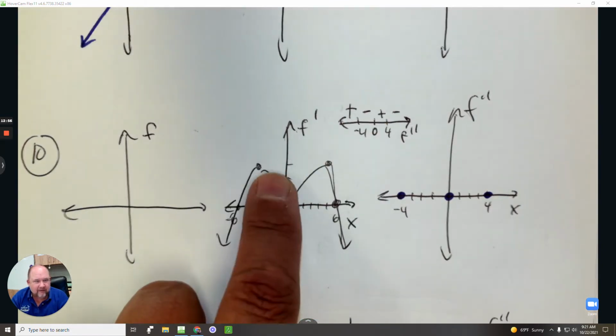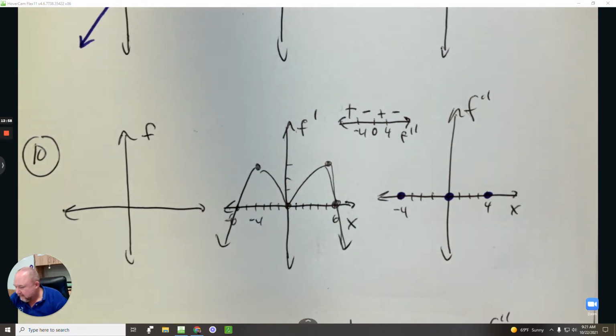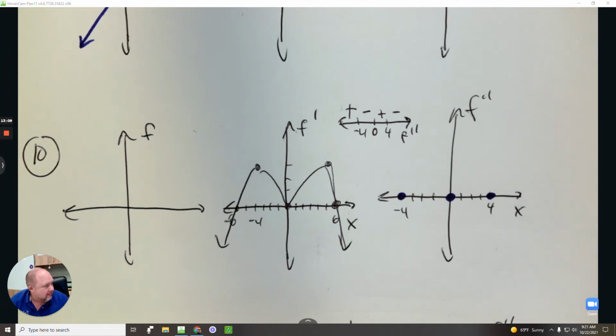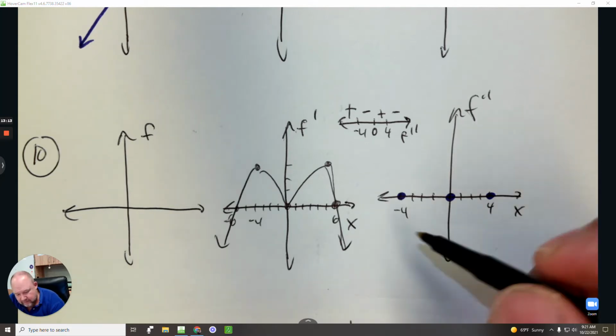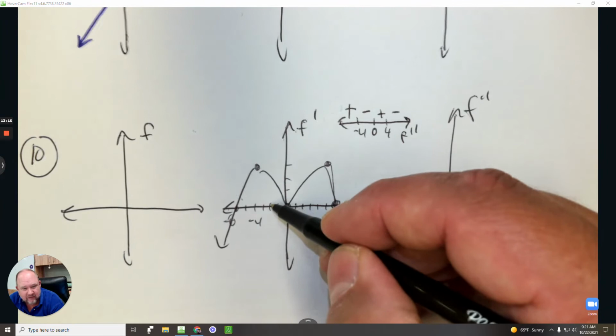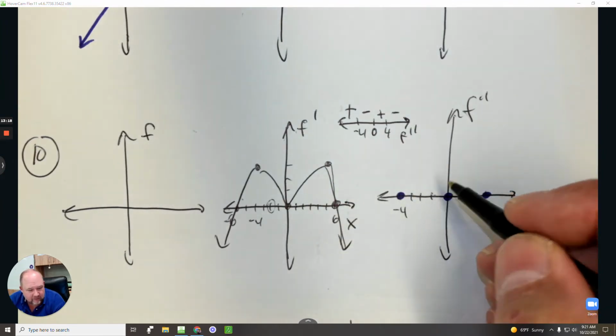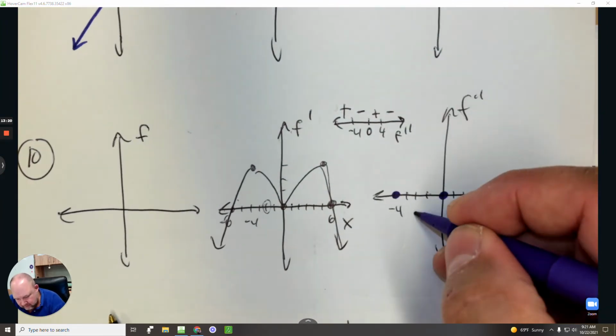In terms of concavity changes, we can see that the concavity of that derivative changes at like negative 2 or so. So around negative 2 would be a turning point. Where does the concavity change? Somewhere around negative 2. So at negative 2, we'll create a turning point here.